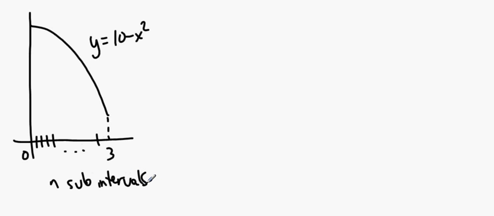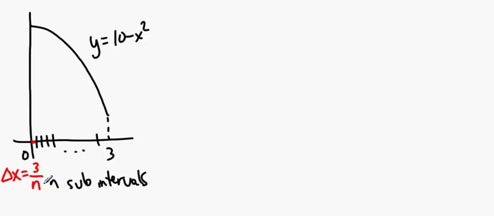N rectangles. Well, a couple of things would be very apparent. One is that each little width, each little delta x, would be the total length divided by the number of subintervals. Each little rectangle would have a width of 3 over n.